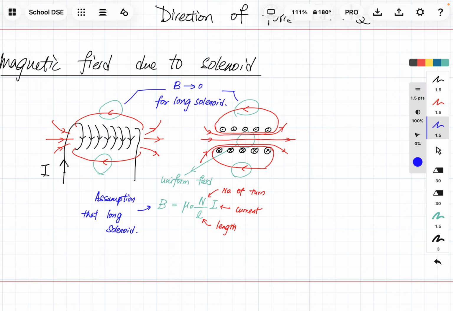In this region, it will not experience any magnetic field due to the small solenoid, because we say that B is equal to 0 when it is outside the long solenoid. So therefore, this part here will have the magnetic field going into the page.